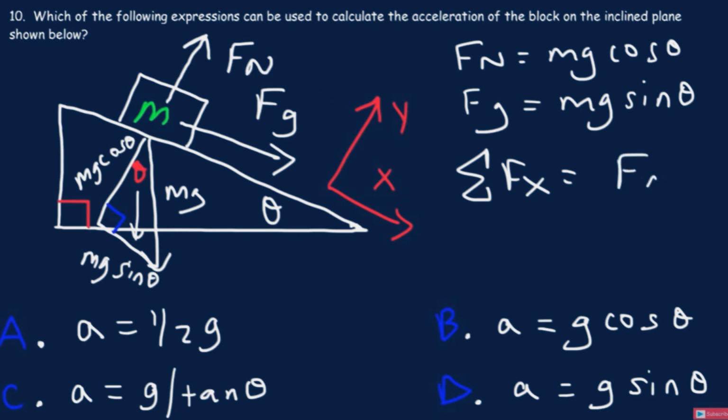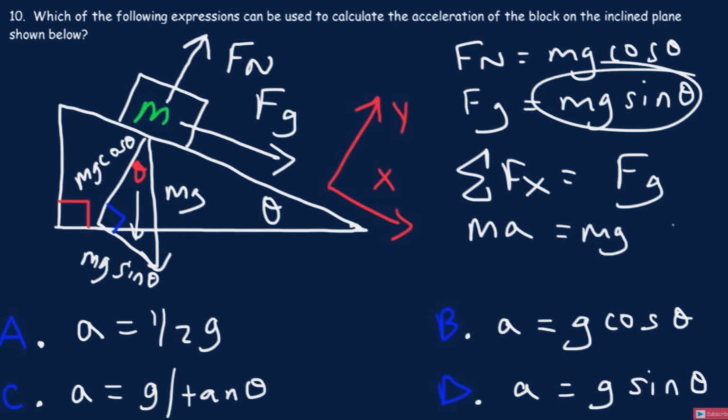Based on Newton's second law, the net force is always the mass times the acceleration, and that is mg sine theta. So now we can cancel the mass, so the acceleration does not depend on the mass in this problem. Rather, it depends on the angle theta, so the acceleration is g sine theta, which means that answer choice D is the right answer.